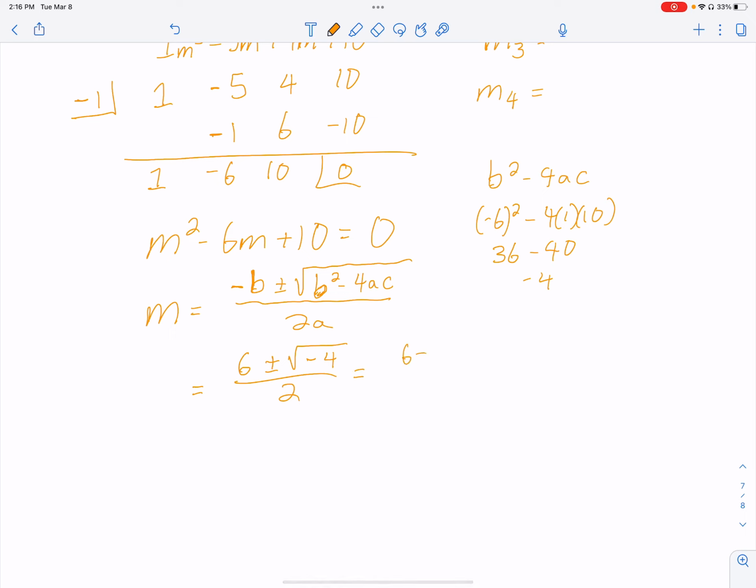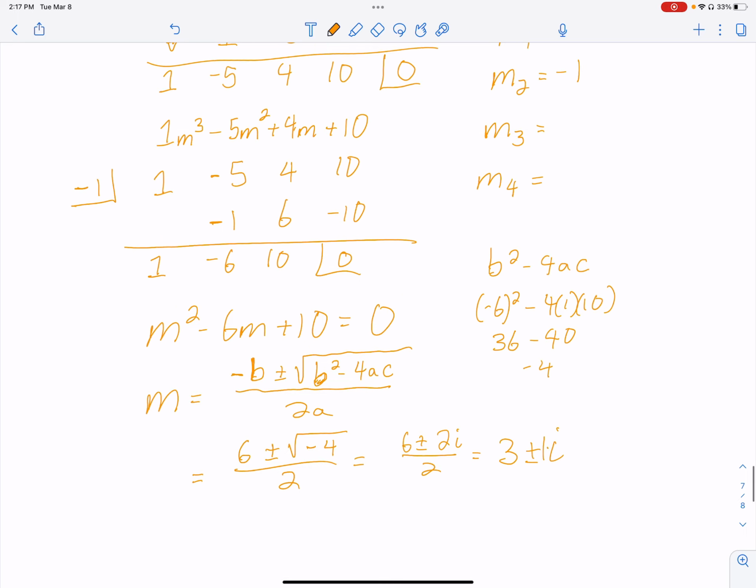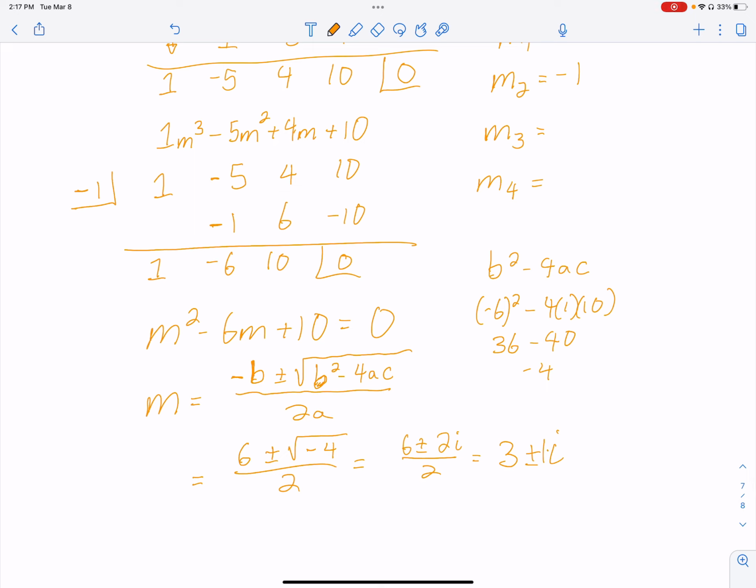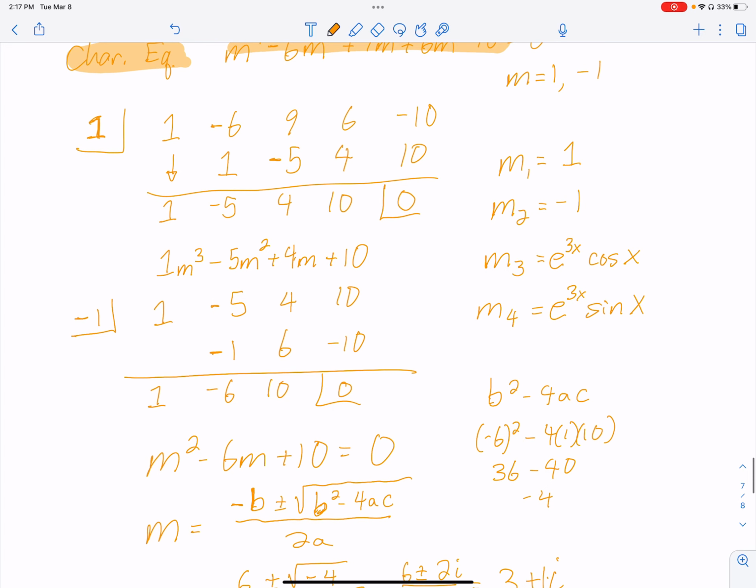This is 6 plus or minus 2i over 2, which is 3 plus or minus i, and that's a 1. So my other solutions, I know it's going to be e to the 3x cosine of 1x, that's beta x, and then the other one is e to the 3x sine 1x. So there are all my solutions there.